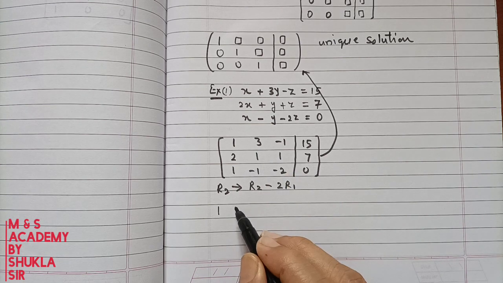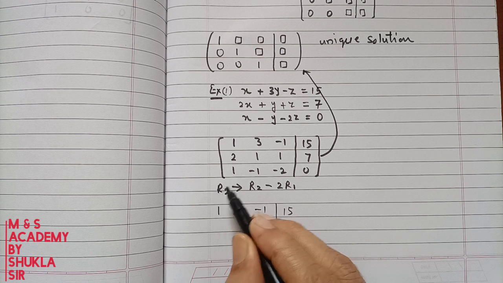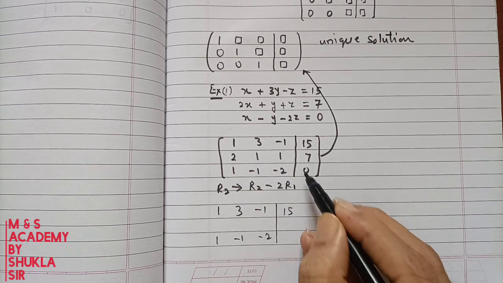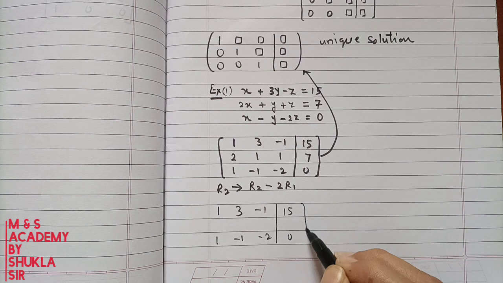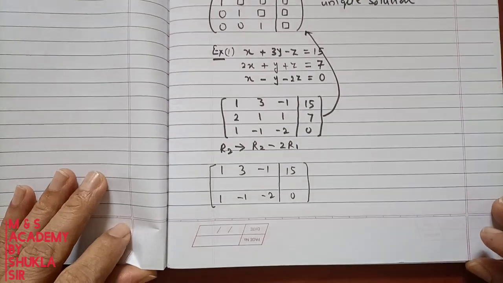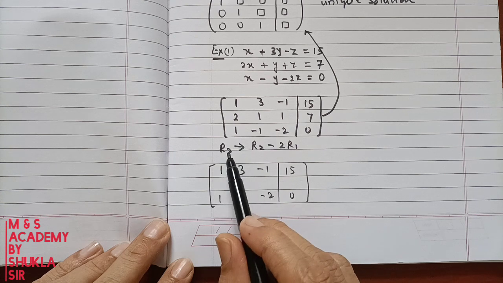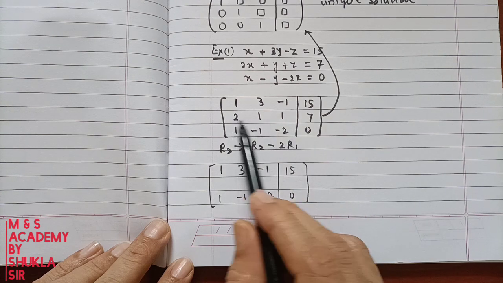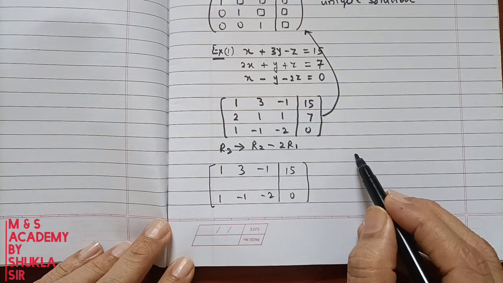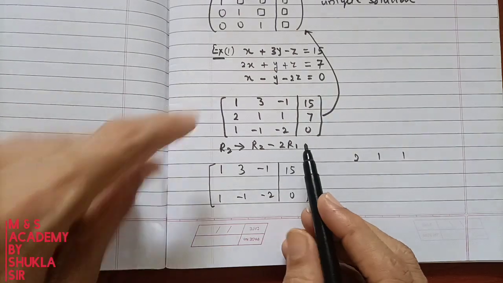Now the first row will not change, since we are changing the second row, so we'll write the third row only. After that, for writing the elements of the second row, we need to perform this operation. In rough work, you can write 2, 1, 1, and then minus 2 times R1.